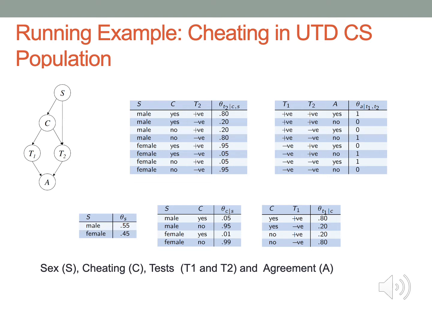What I mean is that all probabilities in the CPT are either a 1 or a 0. If you look carefully at the CPT associated with A, you can see that the CPT models the constraint that if T1 and T2 agree, which means that T1 and T2 are either both positive or both negative, then A has the value yes. Otherwise, A has the value no.